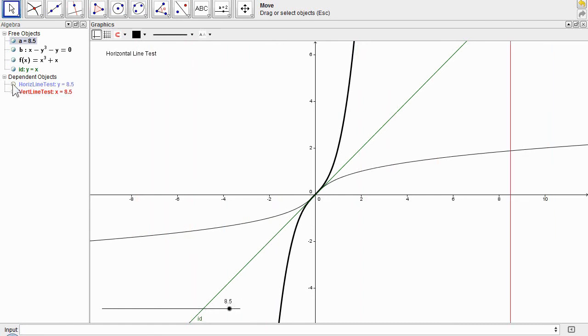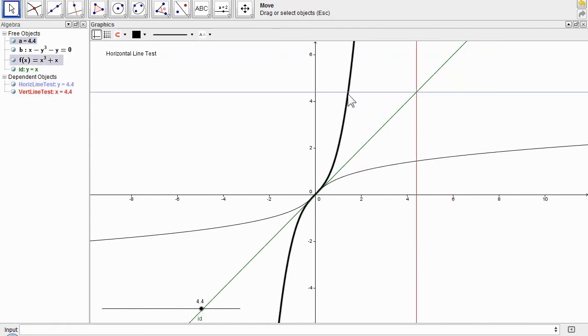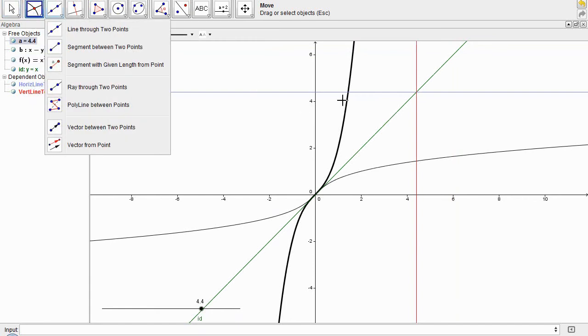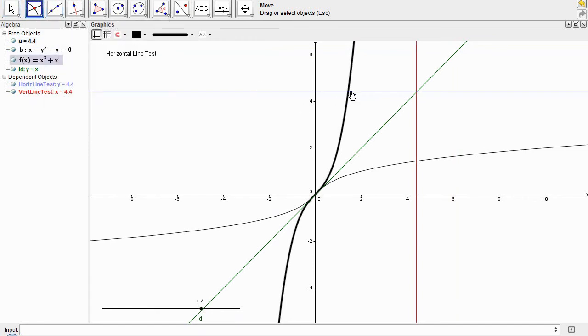Because I could have looked at this graph here and shown you that what was crossing here was crossing here. So again, let's do an intersection point there and here and there.